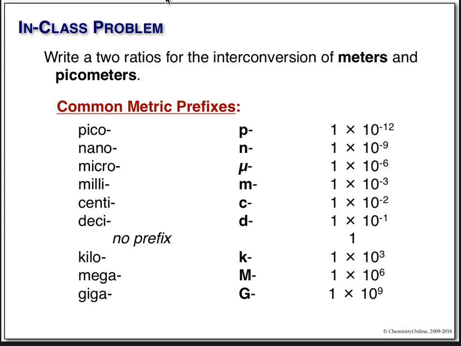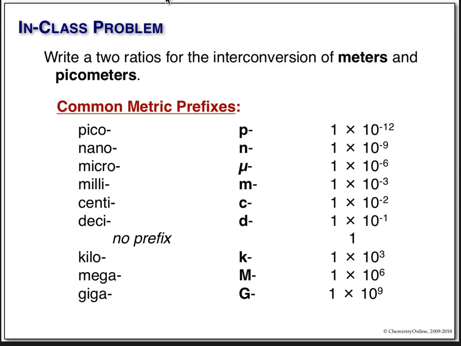So write me a ratio between picometers and meters. 2 of them, actually. That's actually fairly simple, isn't it?